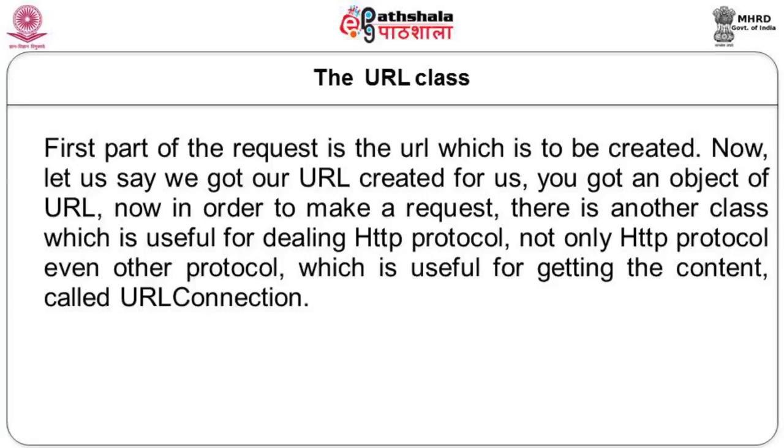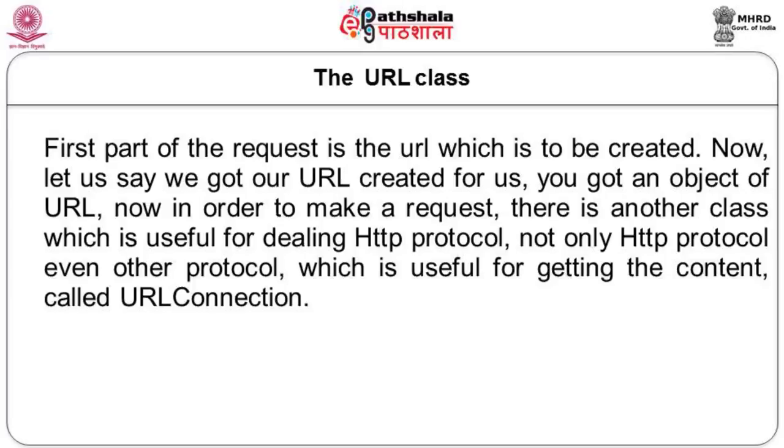So let's say we got our URL created for us. Fine, you have an object of URL. Now in order to make a request, there is another class which is useful for dealing with the HTTP protocol. And not only HTTP, it can also deal with some other protocols useful for getting the content. In this case, there is a class called URLConnection. How do we get an object of URLConnection?